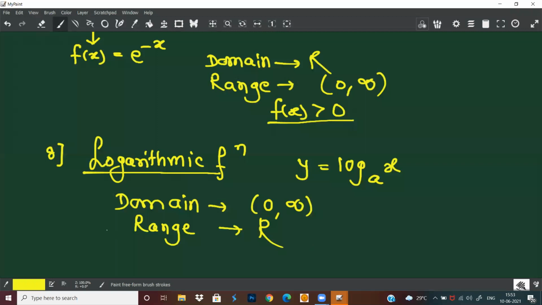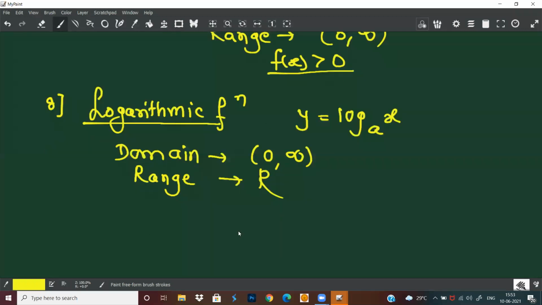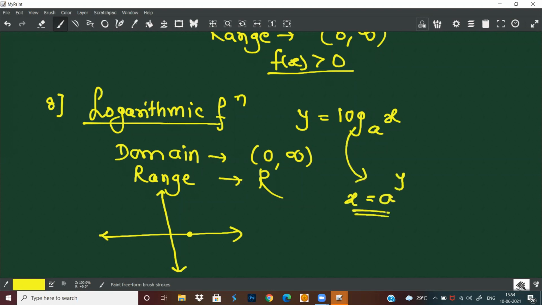We will draw the graph. You know, log of 1 is 0. So log of 1 to any base a is 0. You can write this in exponential form also: x is a raised to y. So log of 1 to the base a is 0.